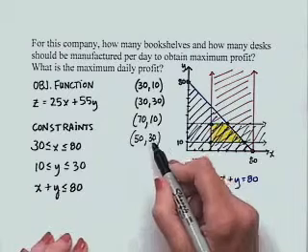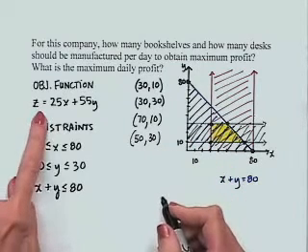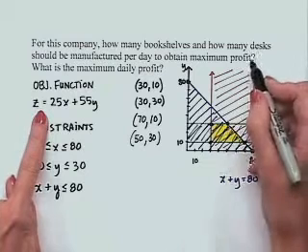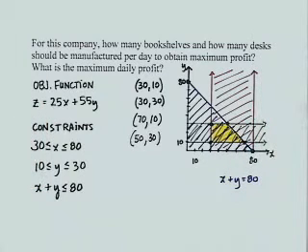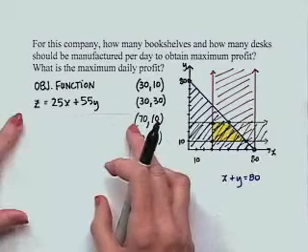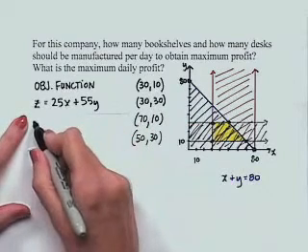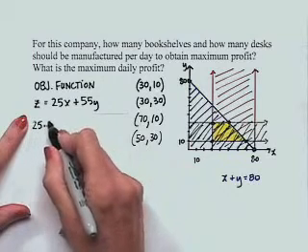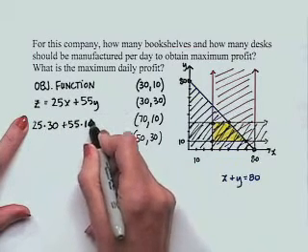We're now going to take each of these points and we're going to substitute into our objective function. We'll determine where our maximum profit occurs by which of the points gives us the maximum value when we substitute in. So let's commence that now. If we substitute in the first point, 30, 10, we'll be evaluating 25 times 30 plus 55 times 10.